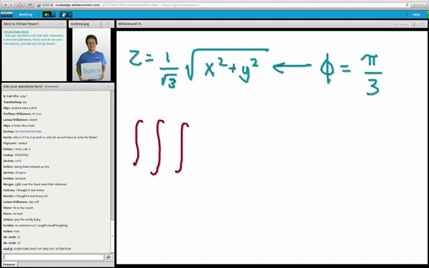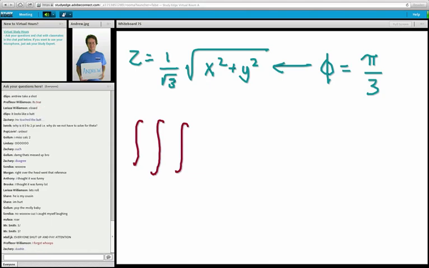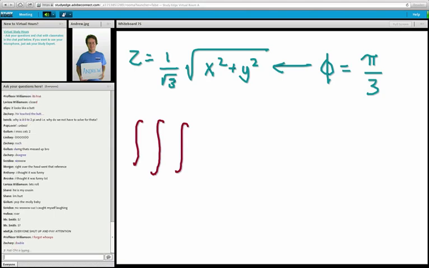It doesn't say solid, so nothing here conveys that we should be looking at a triple integral, but if you see the word solid, or volume, or spatial region, you should be thinking triple integral. If you see the word plate, or planar curve, or lamina, which is also a word that's sometimes used, it's just another nice word for plate.